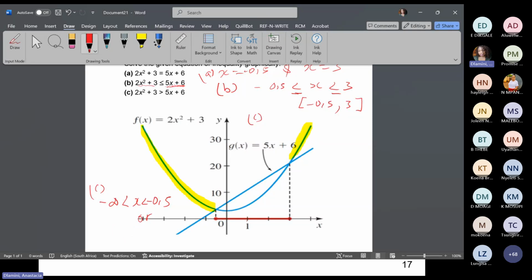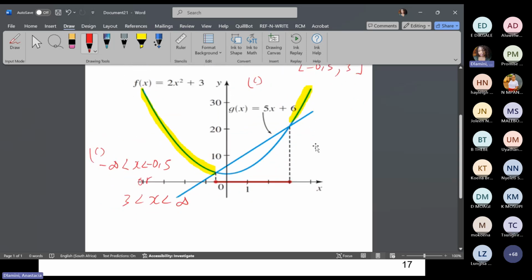Okay. Can I use the interval notation, guys? Please help me write with an interval notation. Let's do the interval notation for this one.